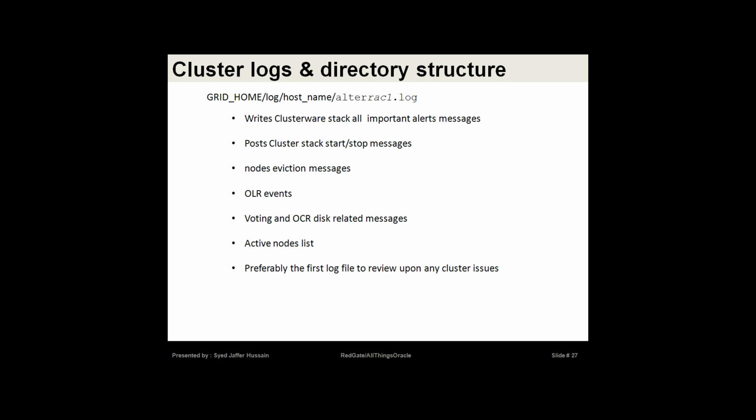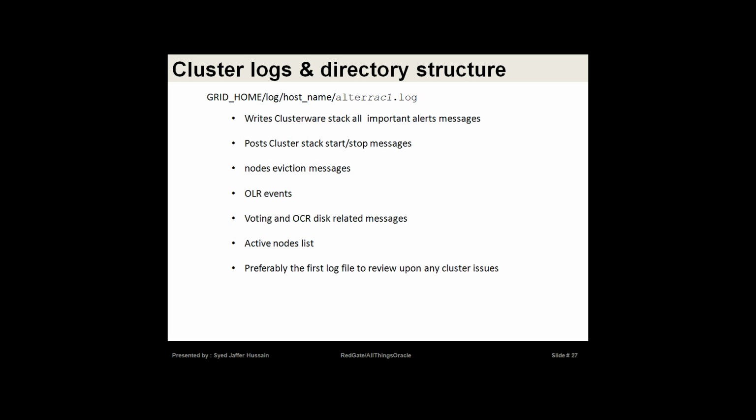Every cluster on each node maintains an alert log as well. Every node has its own alert log located under the grid home, log, and host name. For example, if the host name is rack1, you will find a file with the name alert rack1.log. So what information can we see in this log?